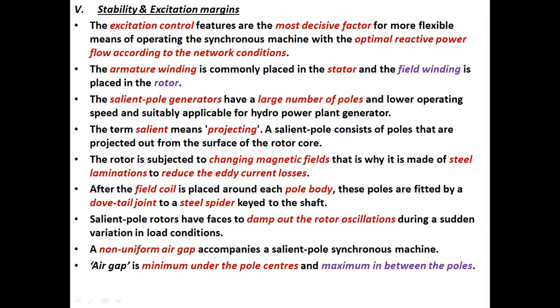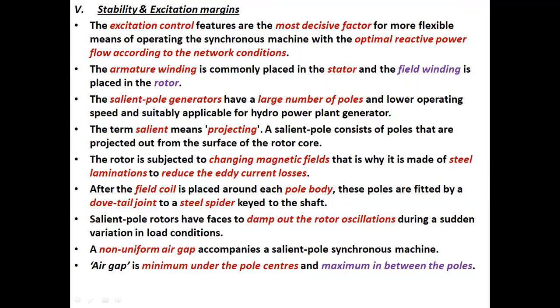A salient pole rotor consists of poles that are projected out from the surface of the rotor core. The rotor is subjected to changing magnetic fields. That is why it is made of steel laminations to reduce the eddy current losses. After the field coil is placed around each pole body, these poles are fitted by a dovetail joint to a steel spider keyed to the shaft.